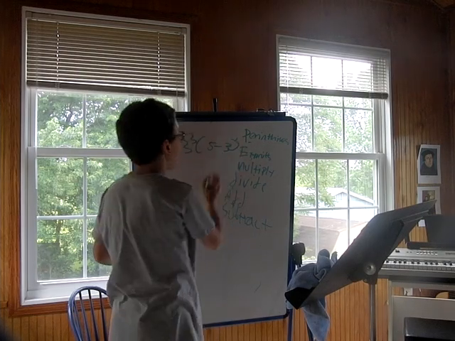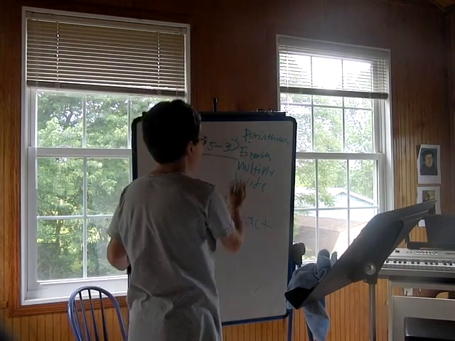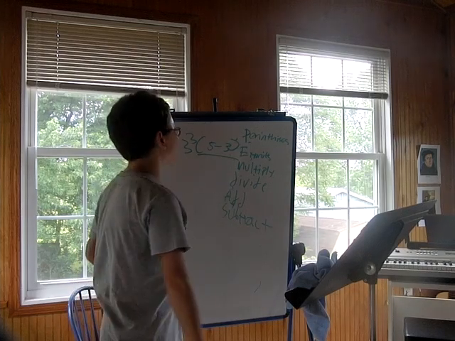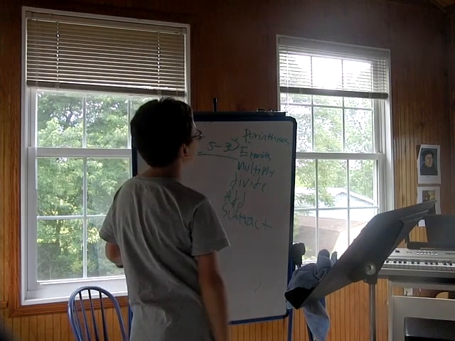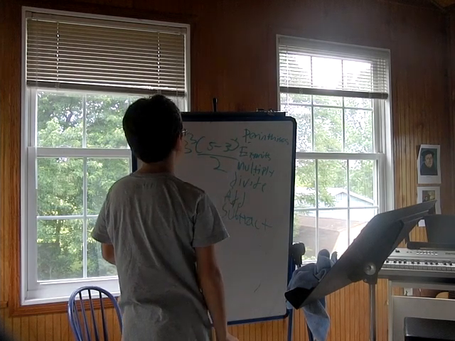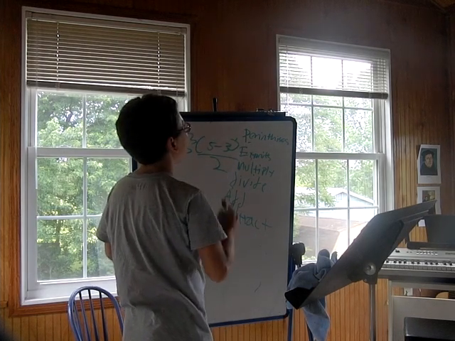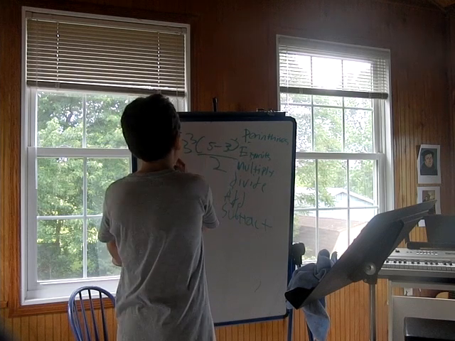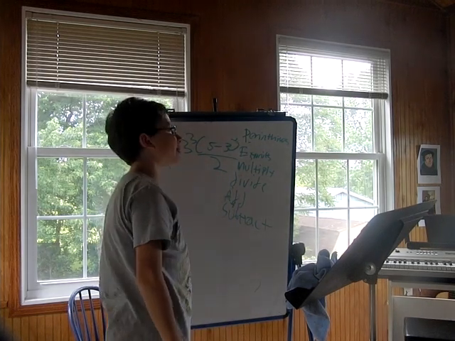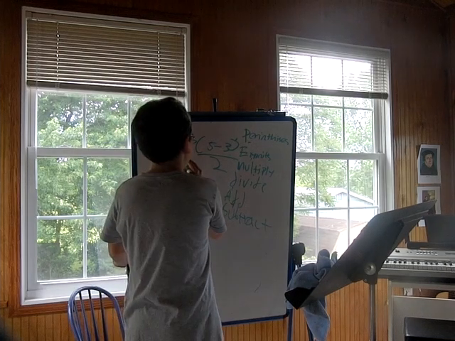So this is how we're going to solve this one. So first, we're going to look at the parentheses. 5 minus 3, 5, 4, 3, 2. Then we're going to do 5 times, and 3 times 3 times 3 is 27.